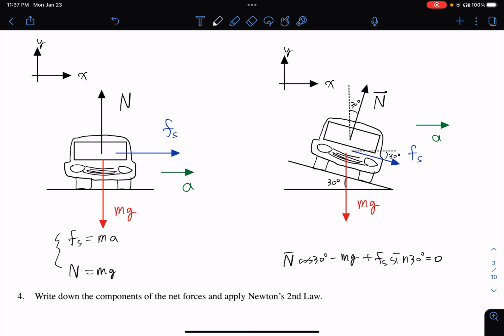For the x component, both the normal force and friction have an x component. So it's going to be the x component of normal force plus the x component of friction equals the mass of the car times its acceleration. So this is how we break the components into two parts.